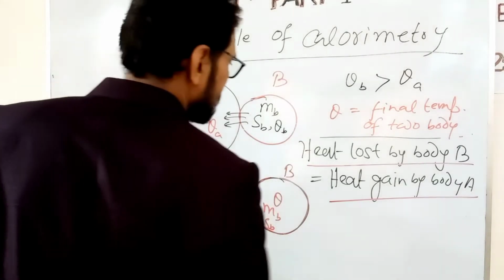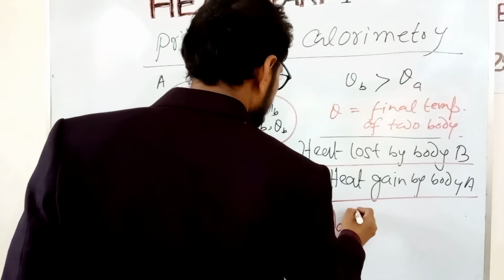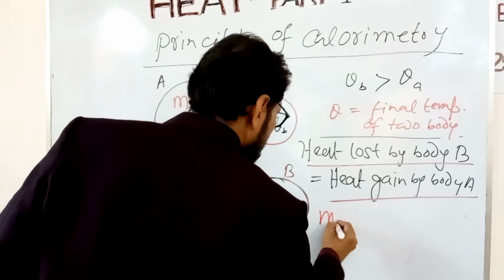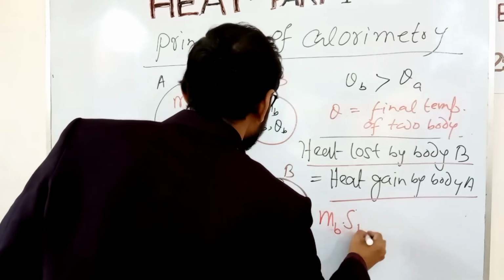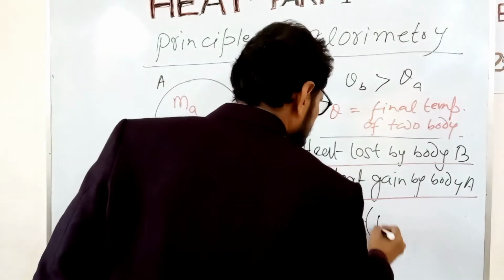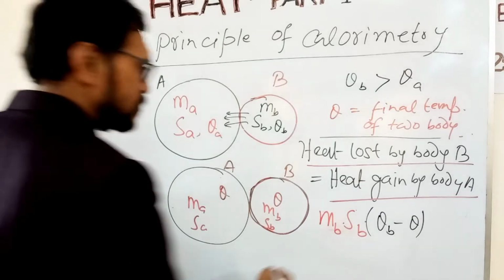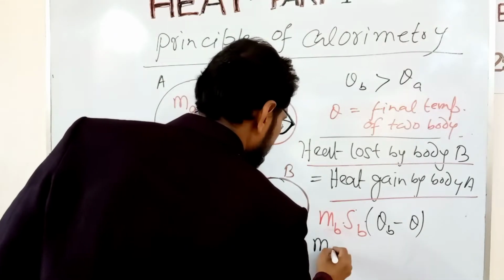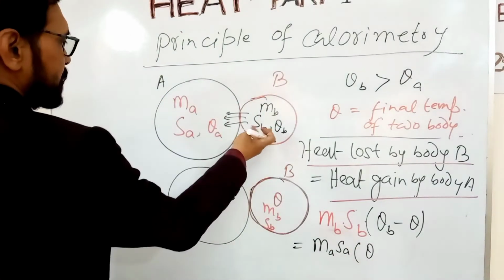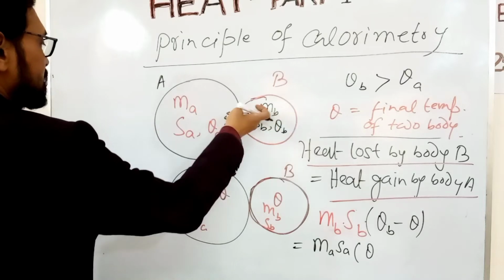Now what is the equation? The equation is, heat lost is, we know, mass into specific heat: Mb into Sb into the temperature difference, theta B minus theta, equals mass of A into specific heat Sa into, here, the temperature will decrease as heat flows from this to this.